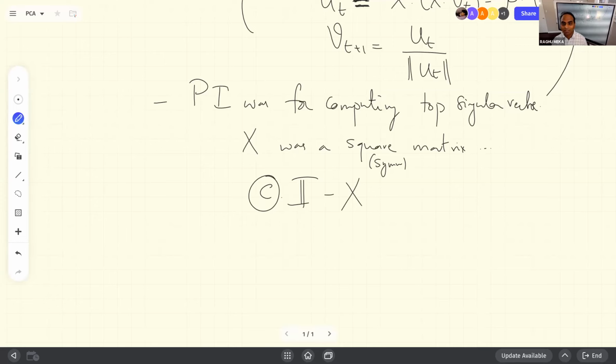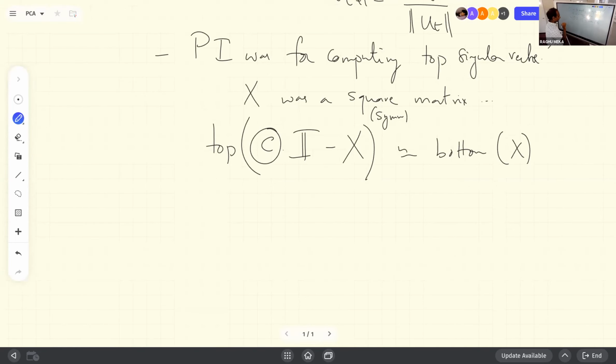You can use the same kind of routine to get the bottom one. If I compute C times identity minus X and compute the top singular vector of that, I'll get the bottom singular vector of X. So you can play all of these tricks. The top of this is the bottom of X. Okay.